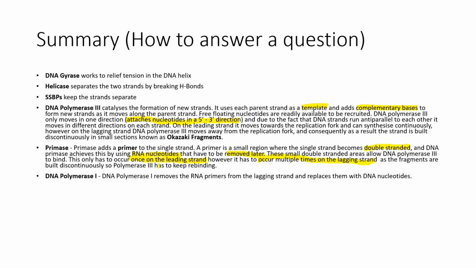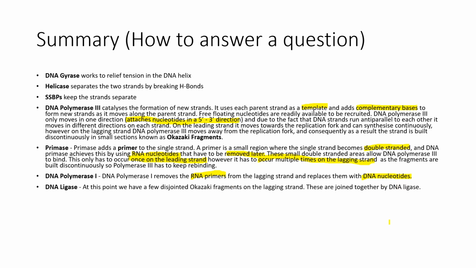DNA polymerase I removes the RNA primers from the lagging strand and replaces them with DNA nucleotides. So now we just have Okazaki fragments of DNA nucleotides, and DNA ligase works to join the Okazaki fragments together.